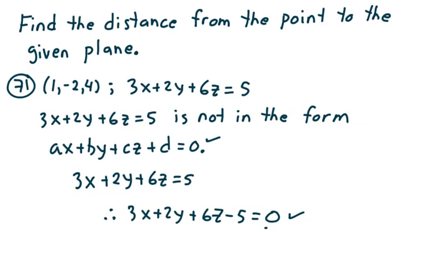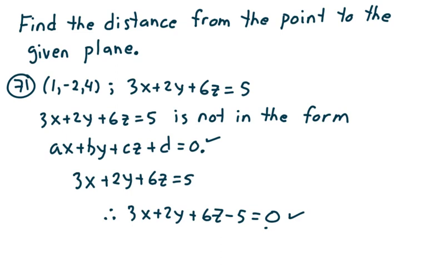The directions say to find the distance from the point to the given plane. We're going to take a look at problem 71. The point is (1, -2, 4). The plane is 3x + 2y + 6z = 5.